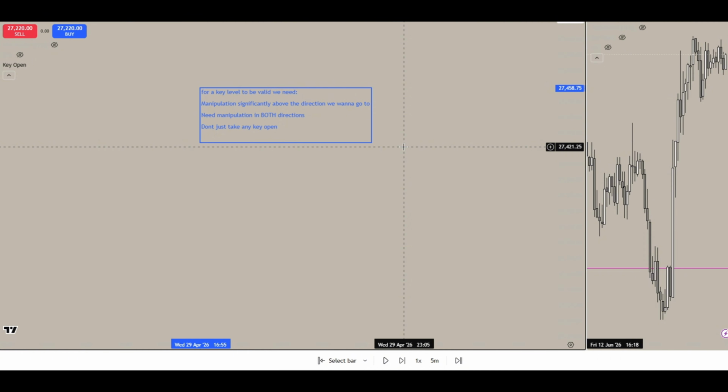You have to pick out the good ones, the ones with the most confluences. I like to have at least 3. This is kind of the minimum. I wouldn't just enter off of OTE and a key open. I'd need, for example, an FVG or an order block or something like that. So just note: stack as many confluences as possible.